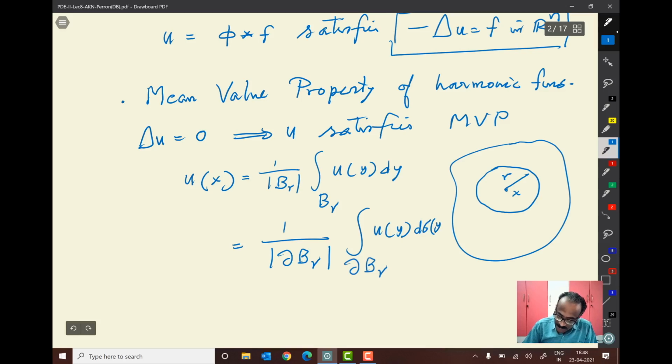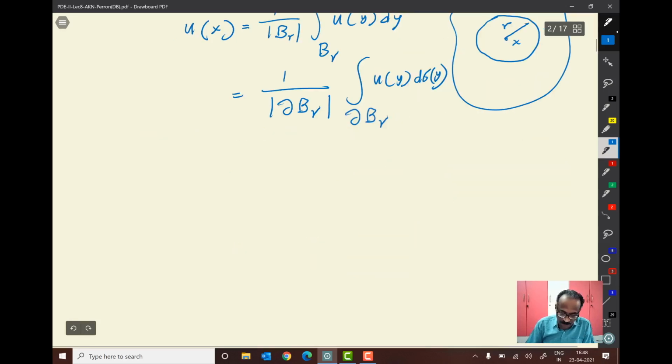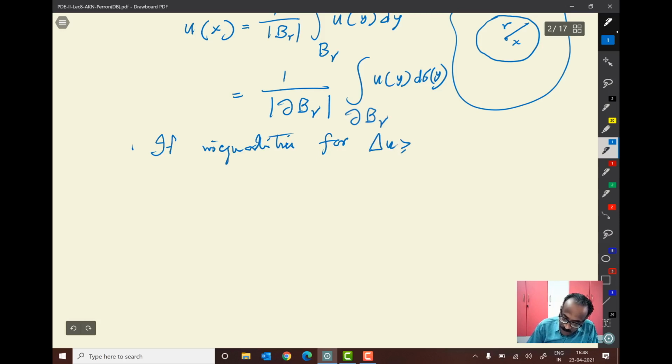You integrate with respect to the surface measure. In fact, you have inequalities for Laplacian of u greater than or equal to 0 and Laplacian of u less than or equal to 0. These are called sub-harmonic. You will see a more general definition of sub-harmonic function later in Perron's method in the next class. Okay, this is called super-harmonic.